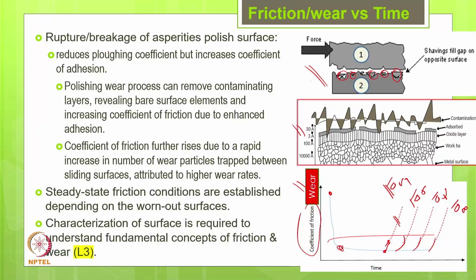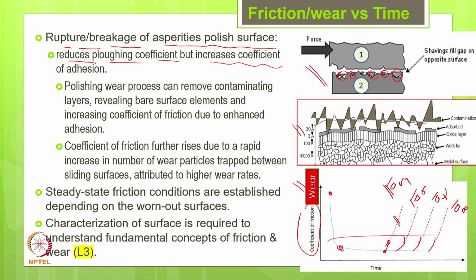What has been written here is that rupture or breakage of asperities provides some sort of polished surface, and because of that it will reduce the plowing coefficient but increase the coefficient of adhesion.